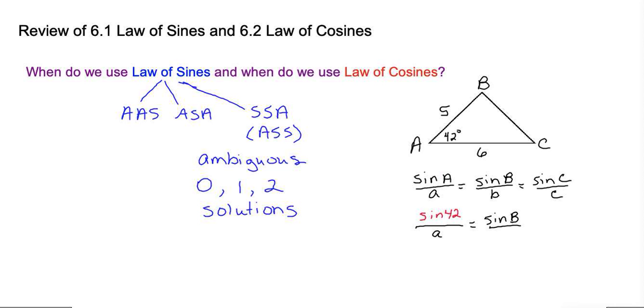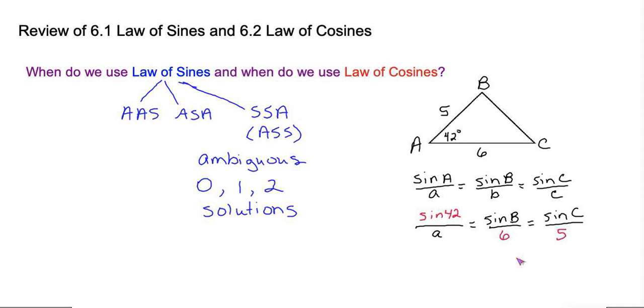Well, we know that one. Lowercase b is opposite from capital B, so that's a 6. And then sine of C, which we do not know, over lowercase c, and that one we know, which is opposite from C. Lowercase c is opposite from C, which is a 5.